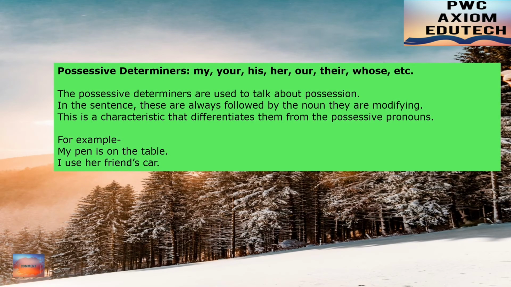See guys, now possessive determiners, which we always use to indicate possession, like my, your, his, her, our, their, whose, etc. The possessive determiners are used to talk about possession.